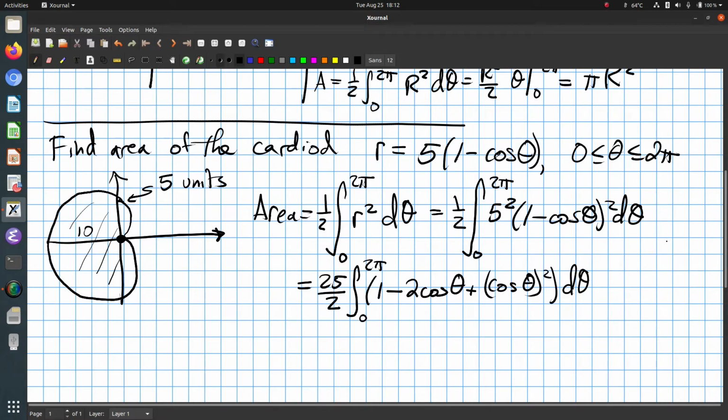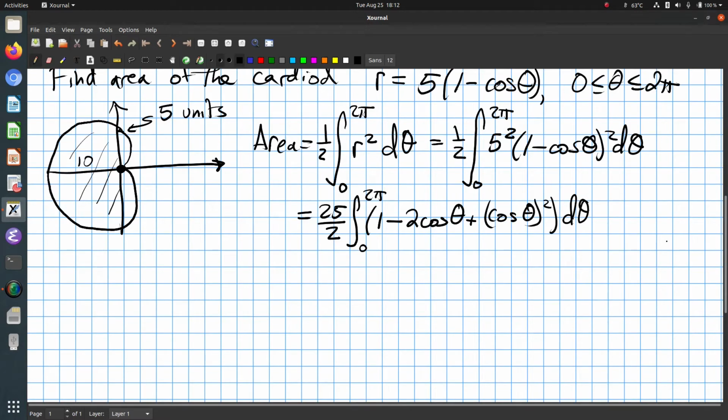And at this stage of the game, it's useful to have a trig identity. That trig identity allows you to rewrite the cosine squared in terms of cosine 2 theta. So let's use that trig identity.